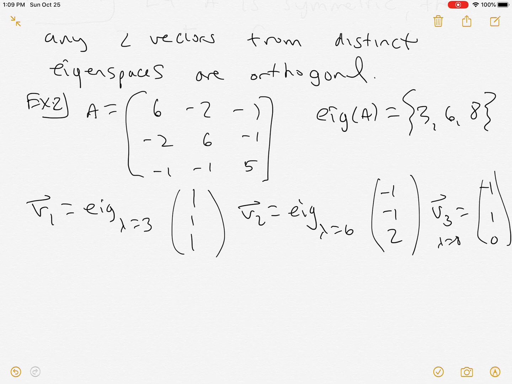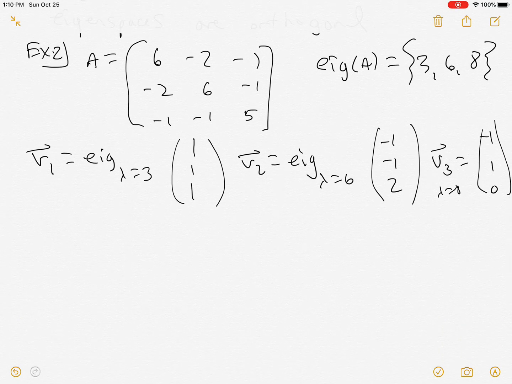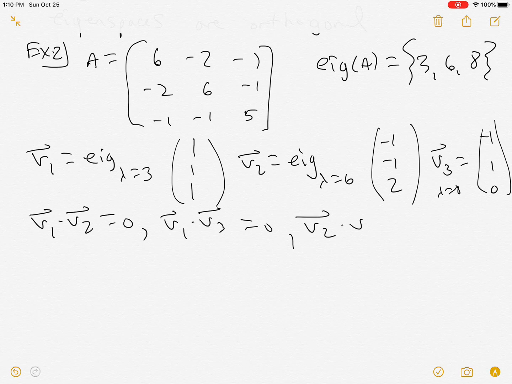Okay. Now, if you compute all of these dot products, V1 dotted with V2 is 0. V1 dotted with V3 is 0. And V2 dotted with V3 is also 0.